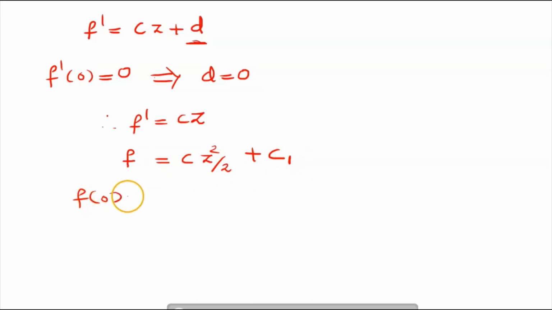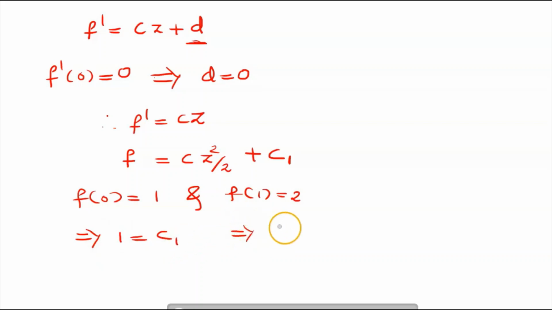Now we have given f(0) equal to 1 and f(1) equal to 2. f(0) equal to 1 means 1 equals C1, that is C1 equals 1. f(1) equal to 2 means C/2 plus 1 equals 2. So C/2 equals 2 minus 1, 1. So C equals 2.